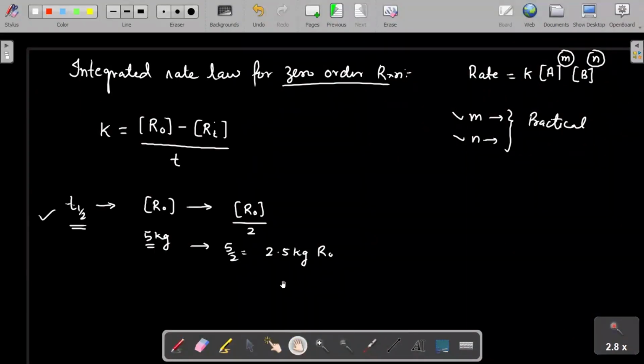So how do we get the t half for the zero order reaction? You can directly put the values here.